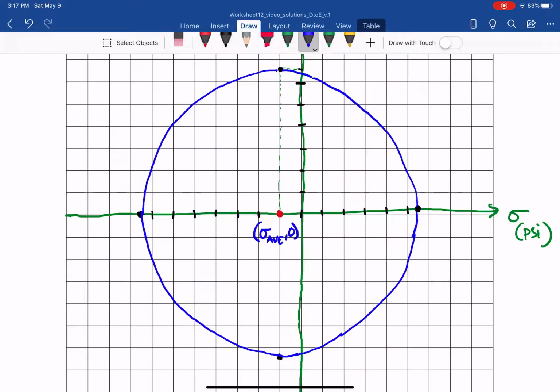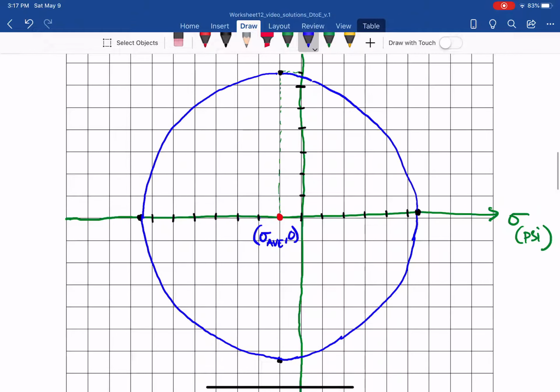So we have everything, and then you can see sigma average, each scale stands for 200. Let's put down the numbers here.